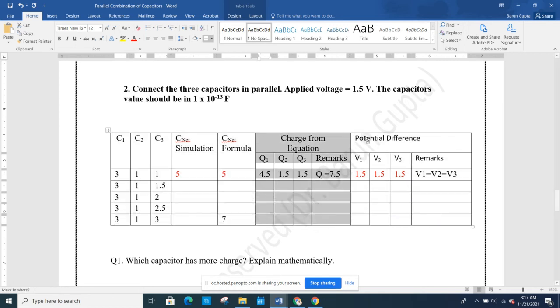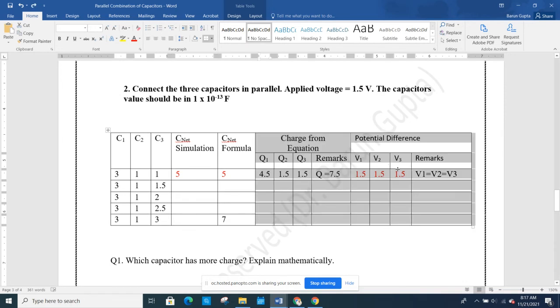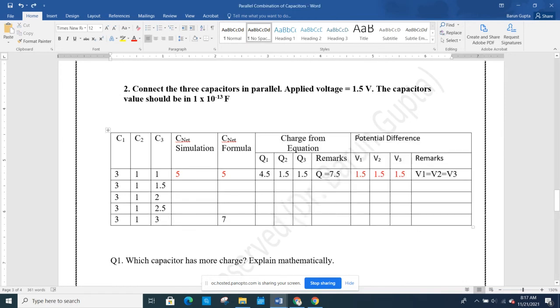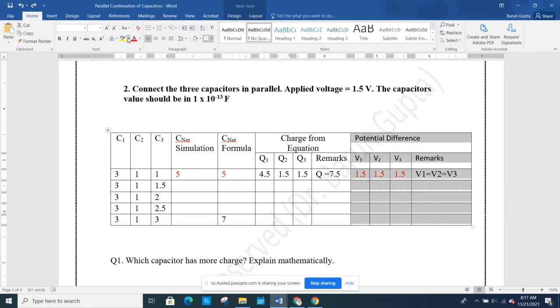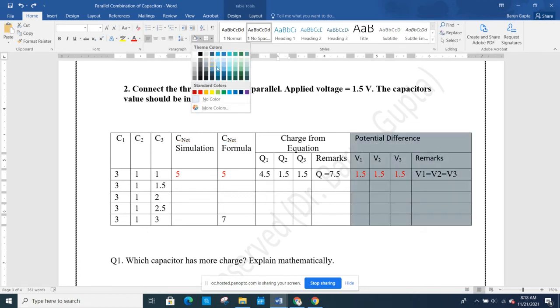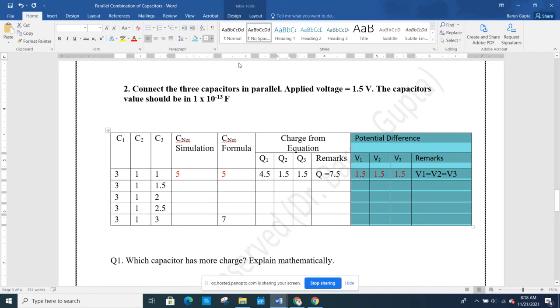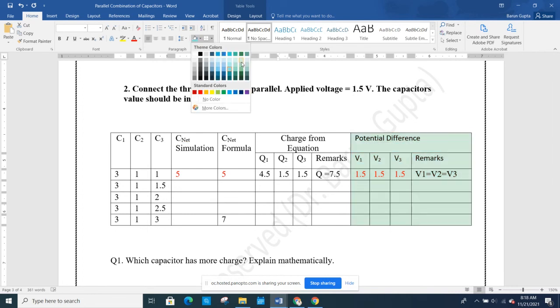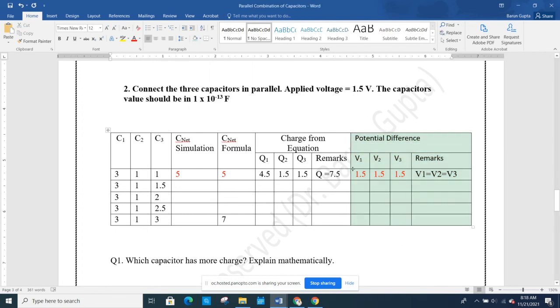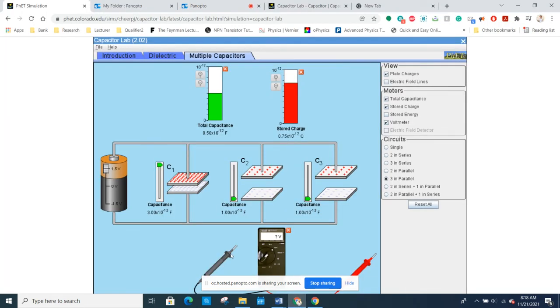Let's do the potential difference here. I'll make it a different color. All right, so V1, V2 and V3, potential difference. Again, you just take the voltmeter and measure across C1.